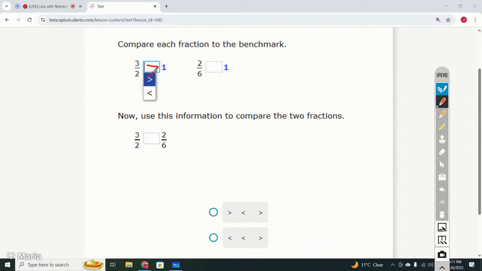That means 3 by 2 is greater than 1. 2 by 6 is less than 1. Why? Because here you have 6. The half of 6 is 3, and 2 is even smaller than the half of 6, right? So that means 2 by 6 is less than 1. So if 3 by 2 is greater than 1, then 3 by 2 is also greater than 2 by 6. Got it?